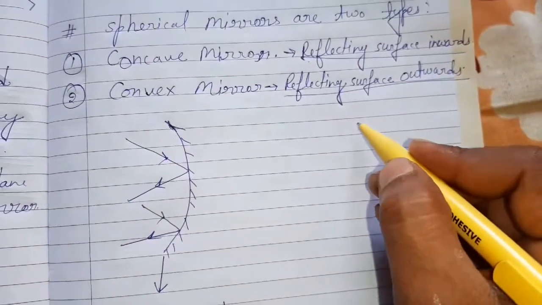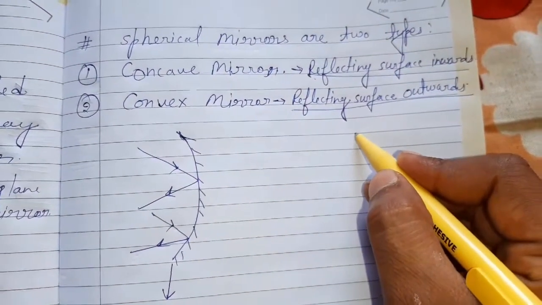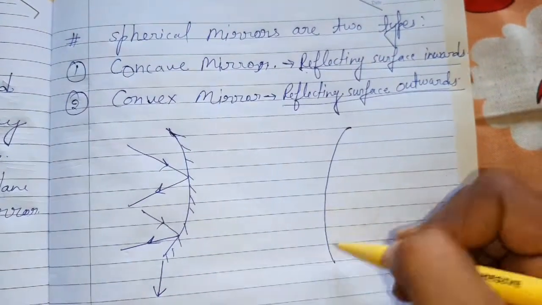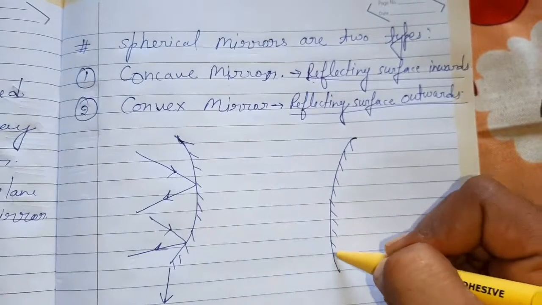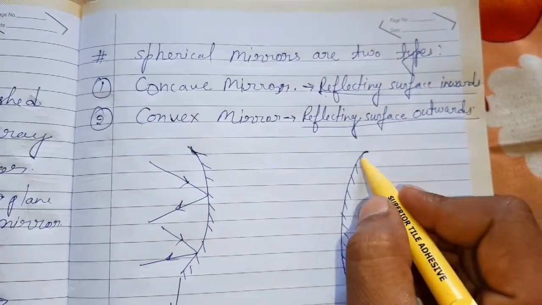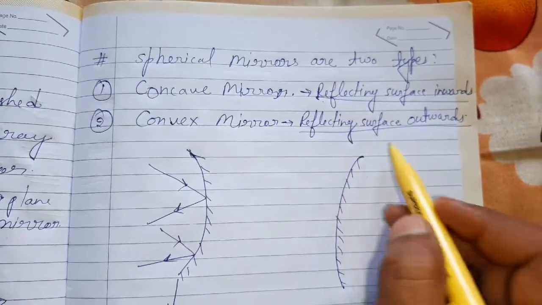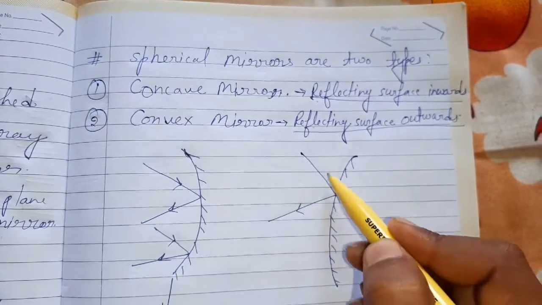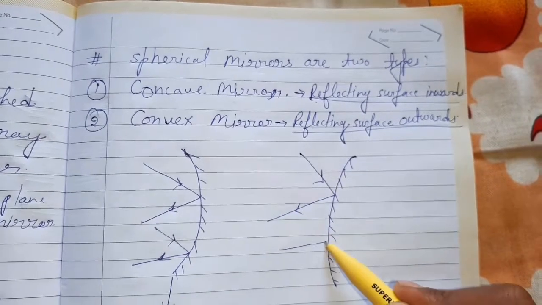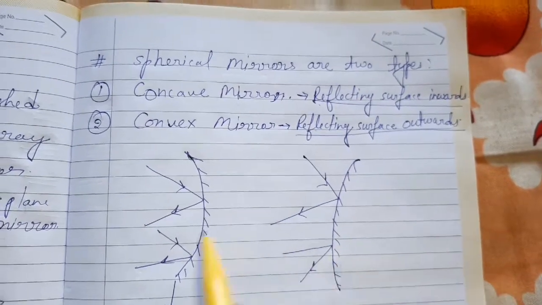And here the coating is inward, but the reflecting surface is outward, like this. This is the big difference.